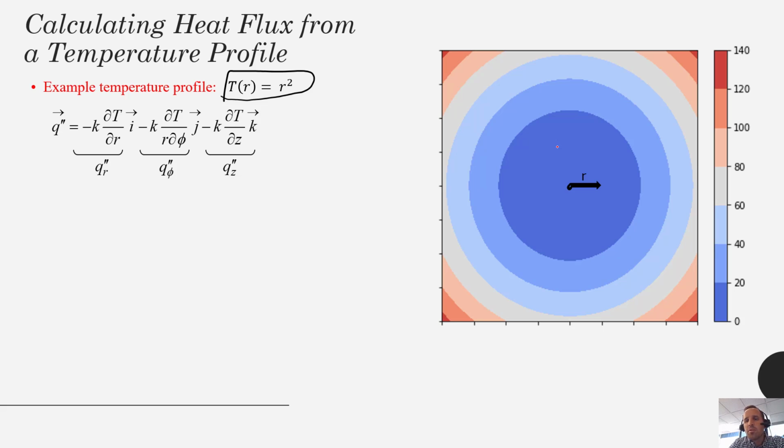If we saw temperature variations going in the phi direction, then we would need to include a phi coordinate, and there would need to be a phi dependence on temperature in our temperature profile if we were to extract any good information on heat flux in the phi direction. So let's look at basically the same problem we were looking at before.